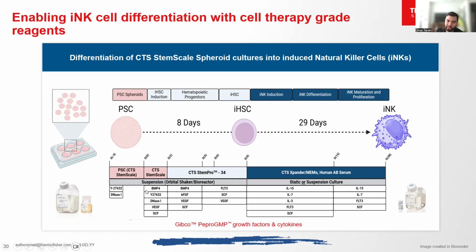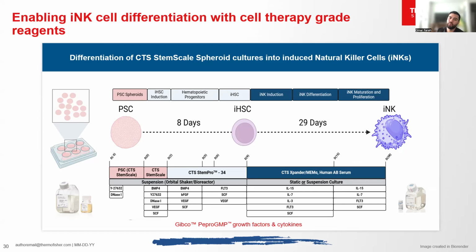So we have our stem scale media, and we have another version of it called CTS stem scale that's manufactured slightly differently. Raw materials could also potentially be slightly different. But the CTS versions of those products, if you see a CTS before a name of a media or a reagent, you'll know that that is part of our cell therapy systems umbrella of products that are geared towards those clinical applications.